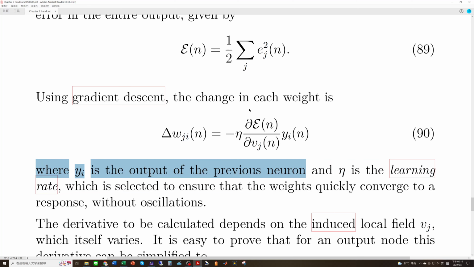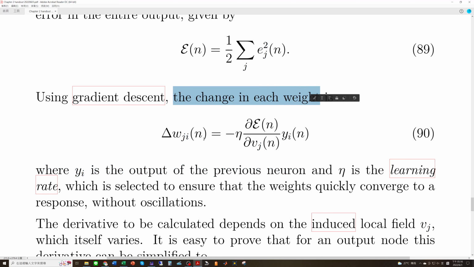What does this mean? This means that the change in each weight is equal to Yi of n, the output of the previous neuron, times the partial derivative, which is one element of the gradient, times eta, where eta is the learning rate, and a negative sign. Why is there a negative sign?